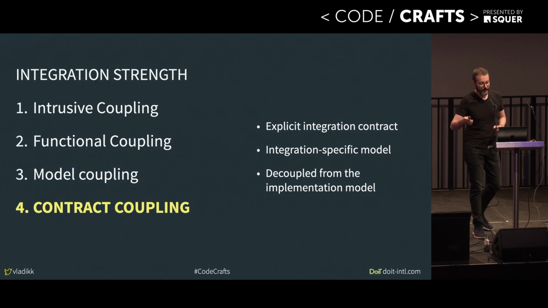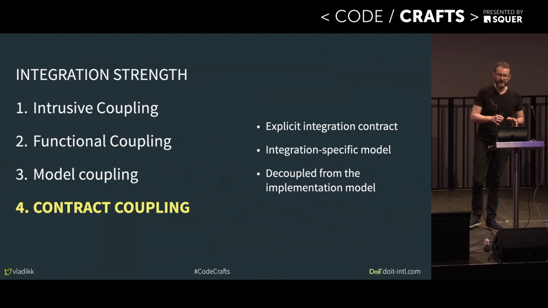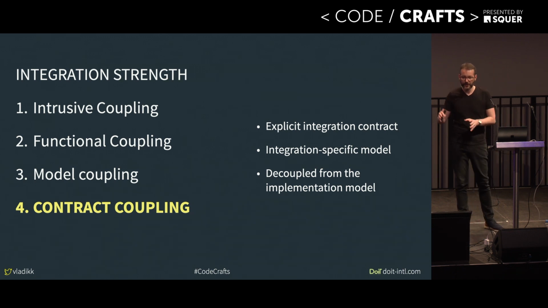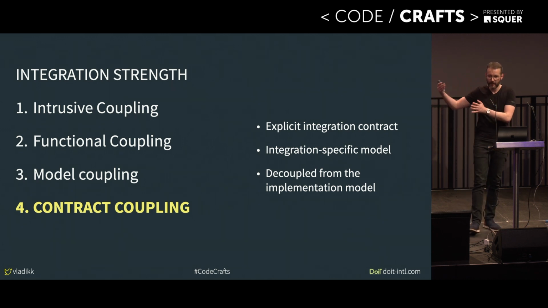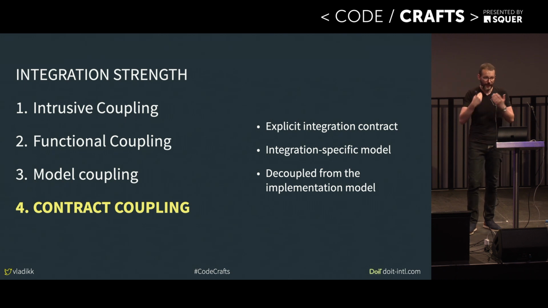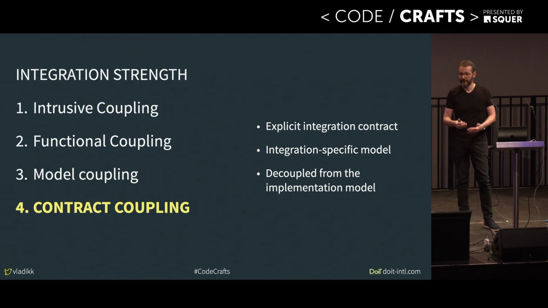Meaning that with this level, we aim to contain as many changes to the implementation details of the upstream component as possible. As long as that, let's say, new model that's being evolved in the upstream can still be translated into the same integration contract, well, it's not going to affect our consumers. They're not going to be aware of it.